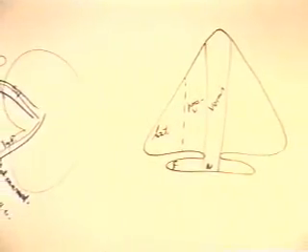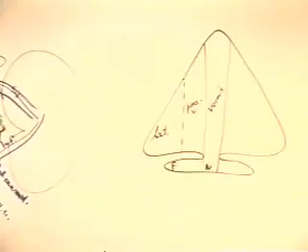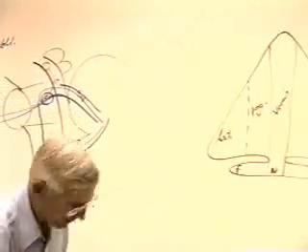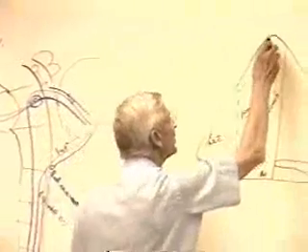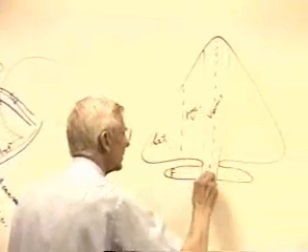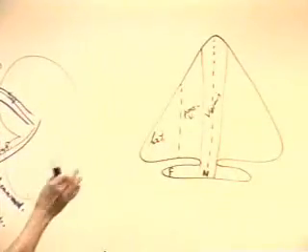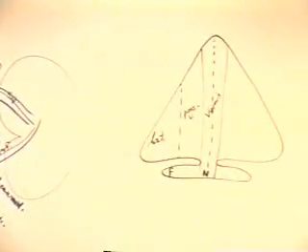Any problems? So we have to split the vermis. There's very little crossing of the midline.